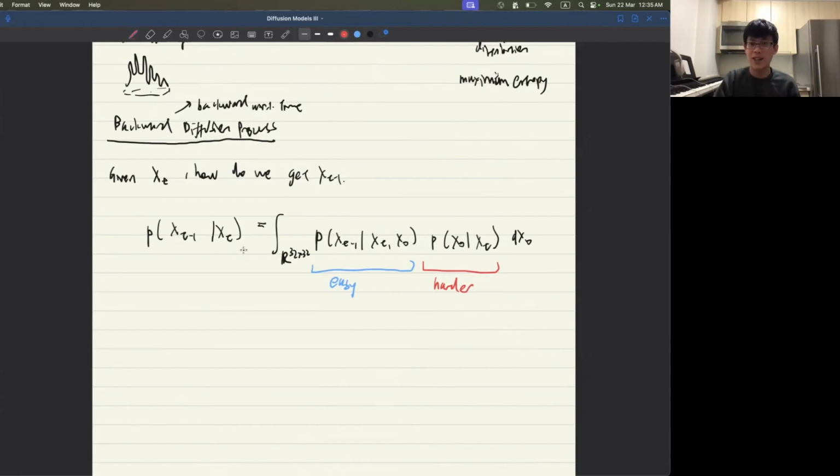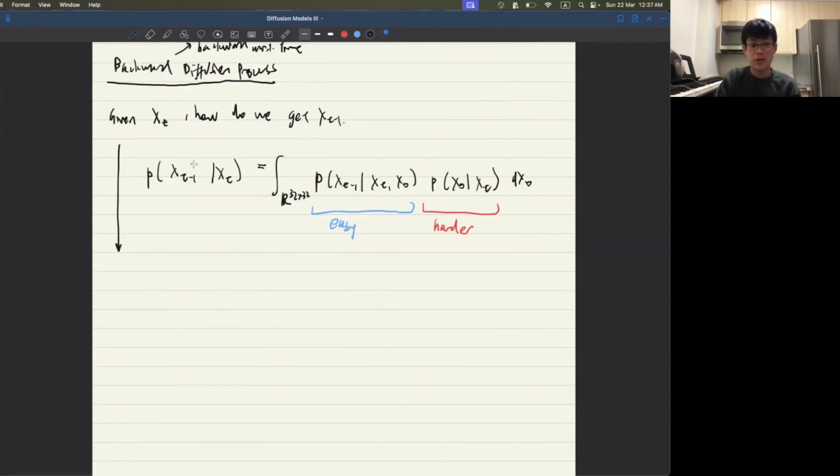Because previously, the problem that we have is, given xt, how do we predict the immediate previous state, which is xt minus 1? Now this is saying, given xt, you need to predict x0, which is a state that is much further in the past. But it turns out over here, solving the harder problem is actually good for us, and we will head in that direction. So instead of solving this problem, why don't we solve these two problems?